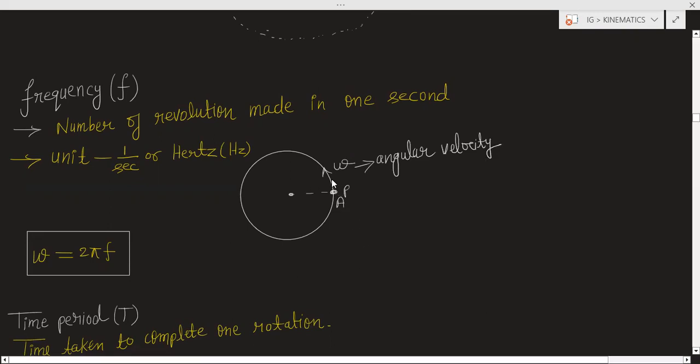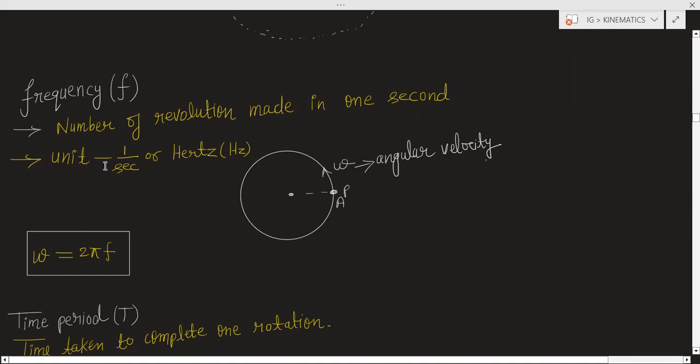Now in 1 second, how many times this particle will complete the circle will be the frequency. Number of revolutions made in 1 second is frequency. Unit of frequency is 1 by second, because frequency is the number of revolutions per second.